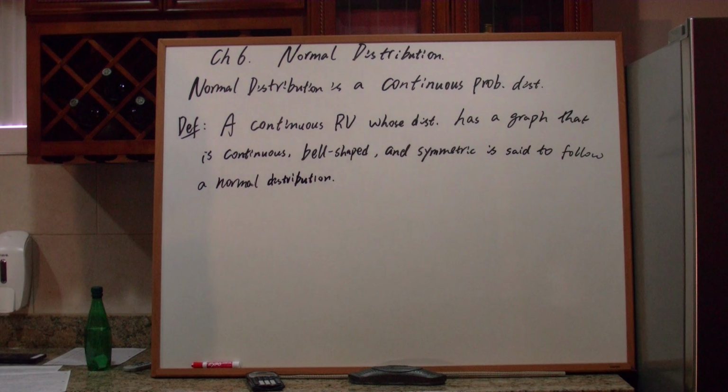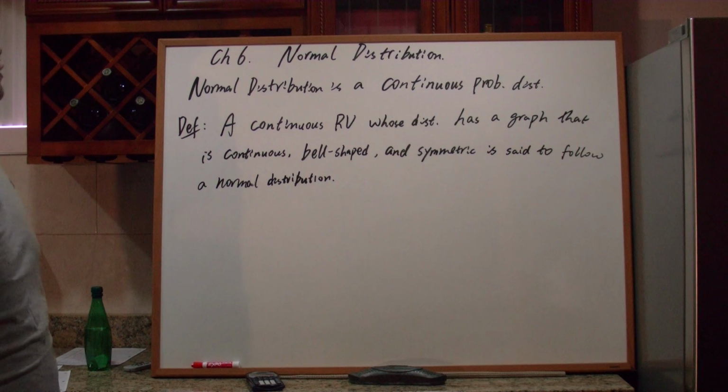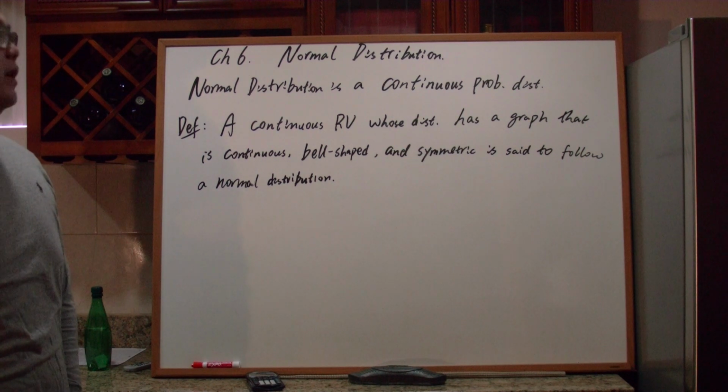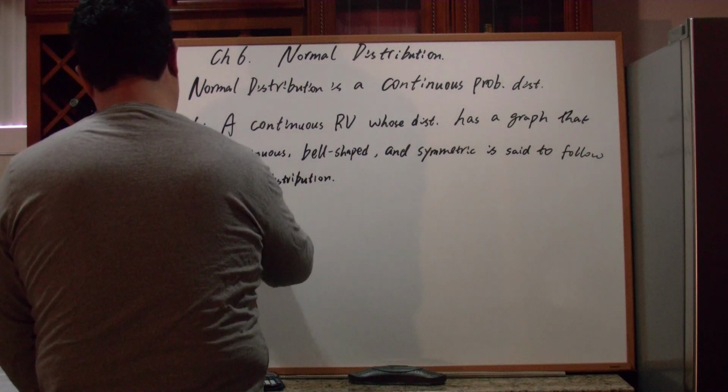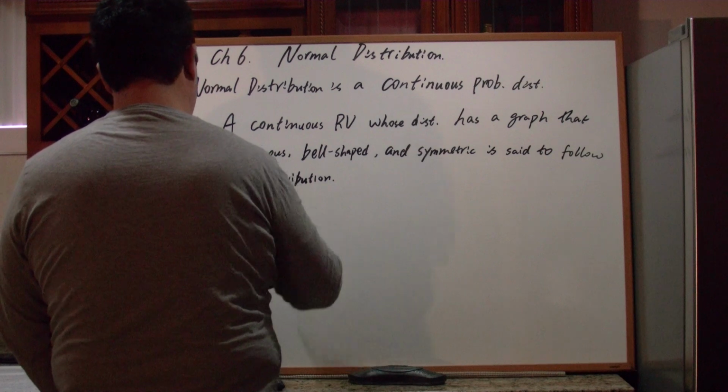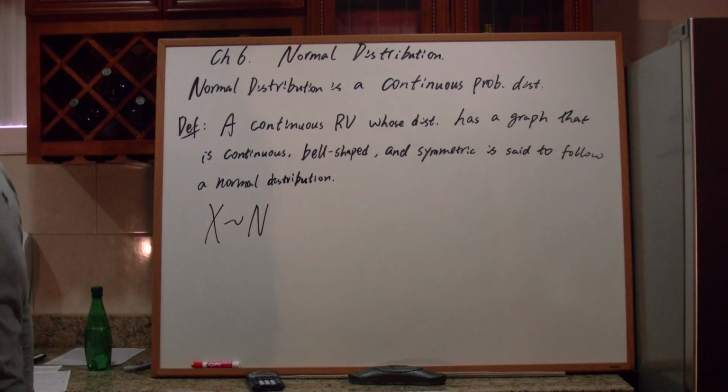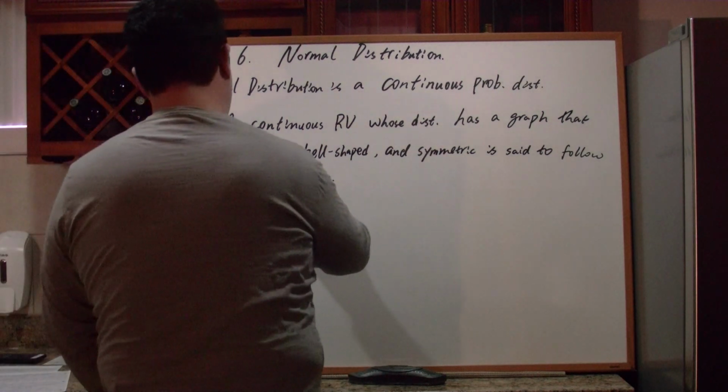A random variable whose distribution has a graph that is continuous, bell-shaped, and symmetric is said to follow a normal distribution. Of course, the normal distribution is continuous, bell-shaped, and symmetric. And the special thing is the notation: the random variable follows a normal distribution and has two parameters.